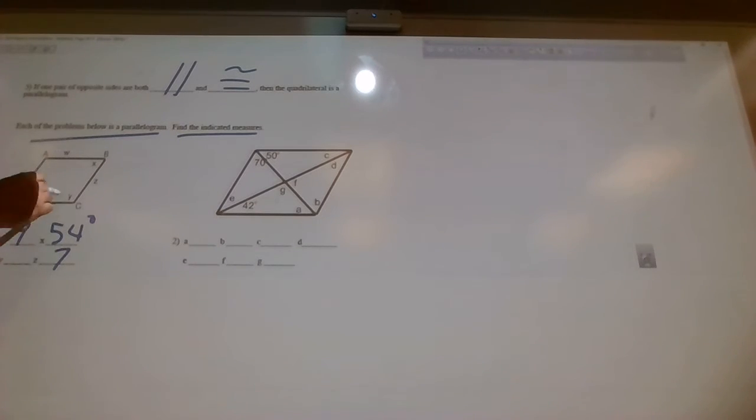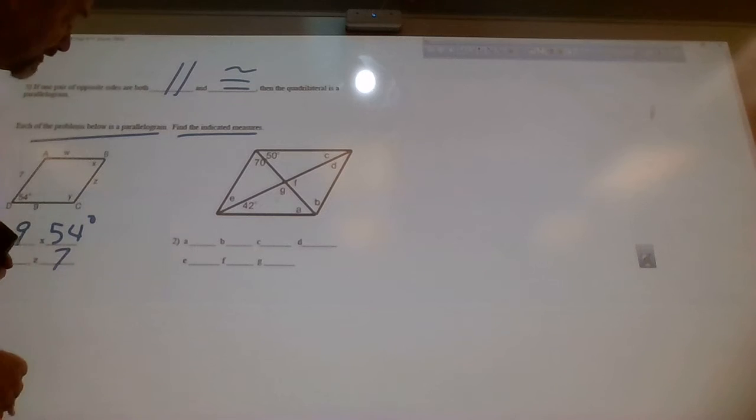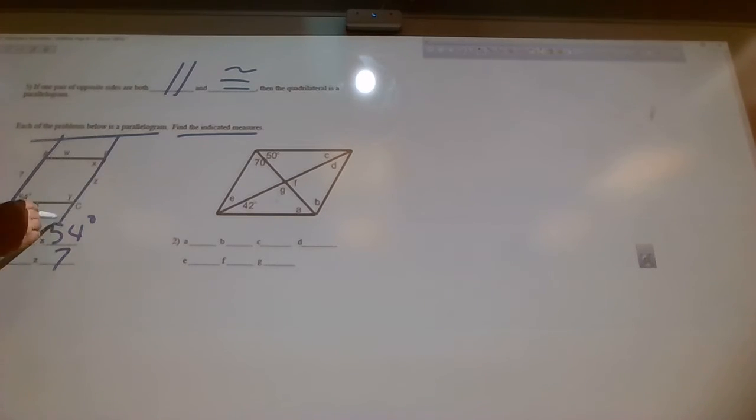Well, these are consecutive interior angles because these lines are parallel and this is cut by a transversal. So then we do 180 minus 54, 126 degrees. Okay, so that's what you have to do on there.